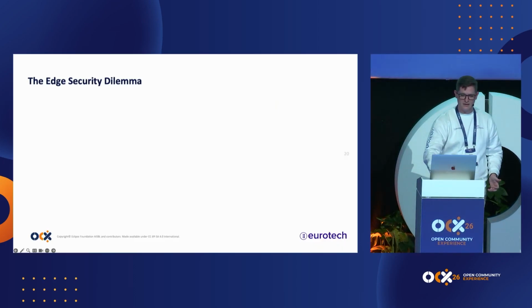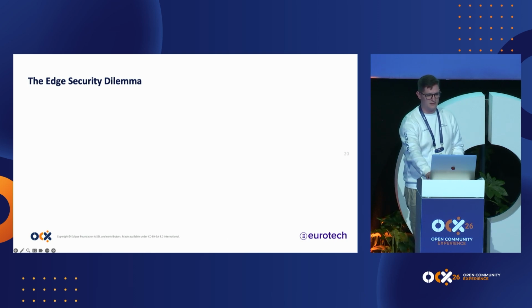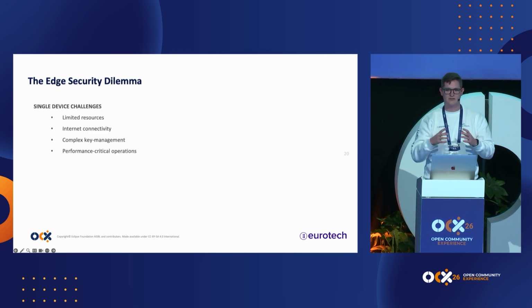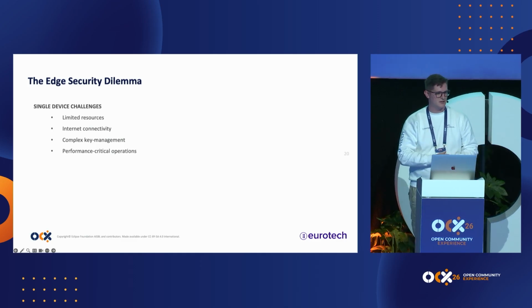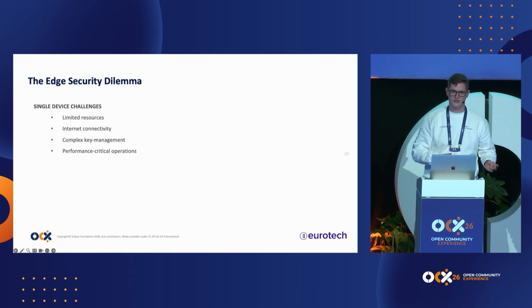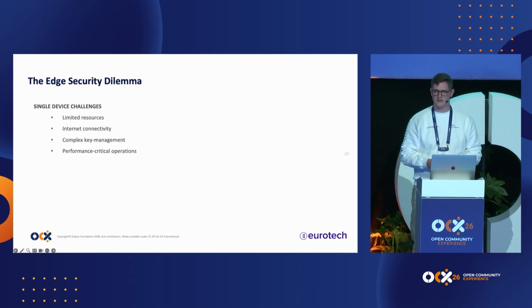Mainly we are trying to resolve the edge security dilemma because we're starting from a device. Let's think about the single piece, which already has problems like the limited resources on the chips, internet connectivity, which could be an issue, and complex key management.